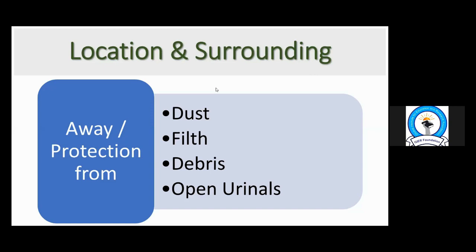So I'll talk about location and surroundings. What type of location should be there? What should be there in the surroundings? All shops, as far as possible, should be away from any environmental pollution sources like dust, filth, garbage, or open urinals.